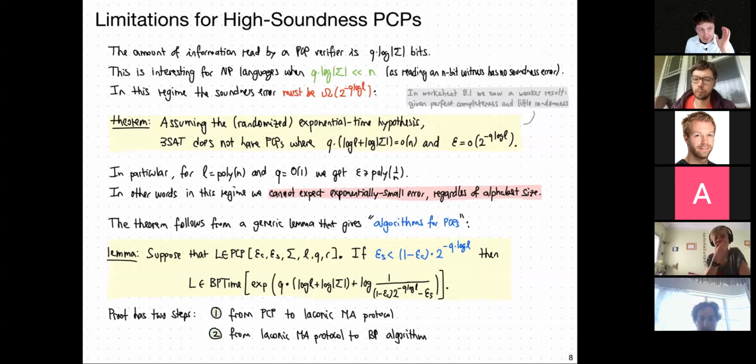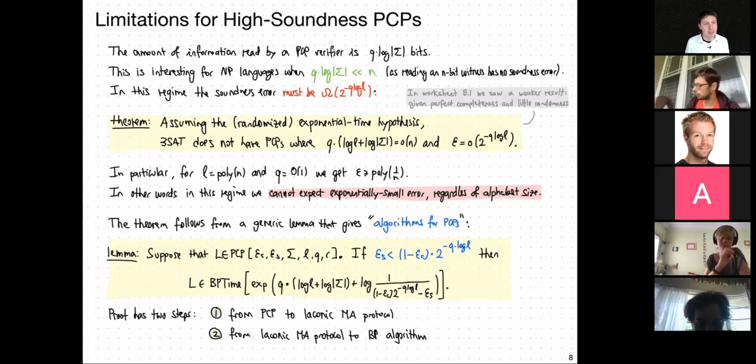All right, and again, taking a step back, just to remind you what we're doing: there's a sliding scale conjecture, and we are on our way, or at least we're trying to prove that there is this kind of curve of parameters that is a limitation on PCPs that explains the sliding scale conjecture. The main point is that even though you might be reading a lot of bits from the proof, Q log sigma, as long as that Q log sigma is non-trivial, what really matters for the bits of security is Q log L. And that's the best you can hope for.